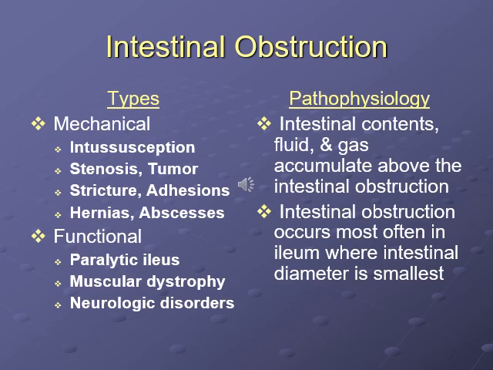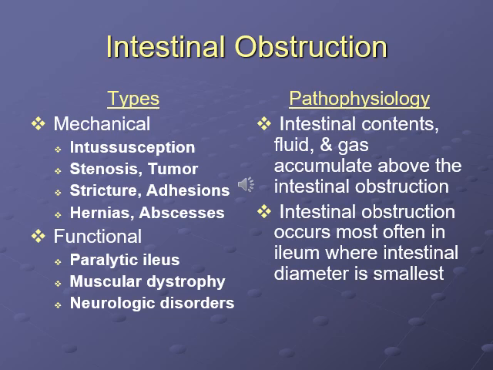The most common area for the obstruction is the ileum. That's the smallest diameter of the intestine, but it isn't necessarily just the size. It might be some other forces that are causing it to be narrowed or smaller. The mechanical type causes are forces outside the intestine that are actually pushing on it.